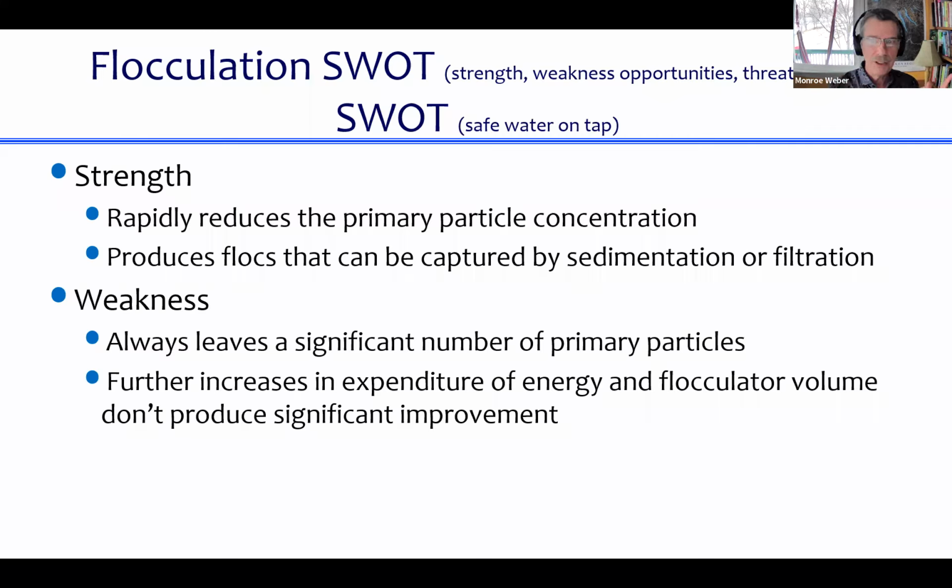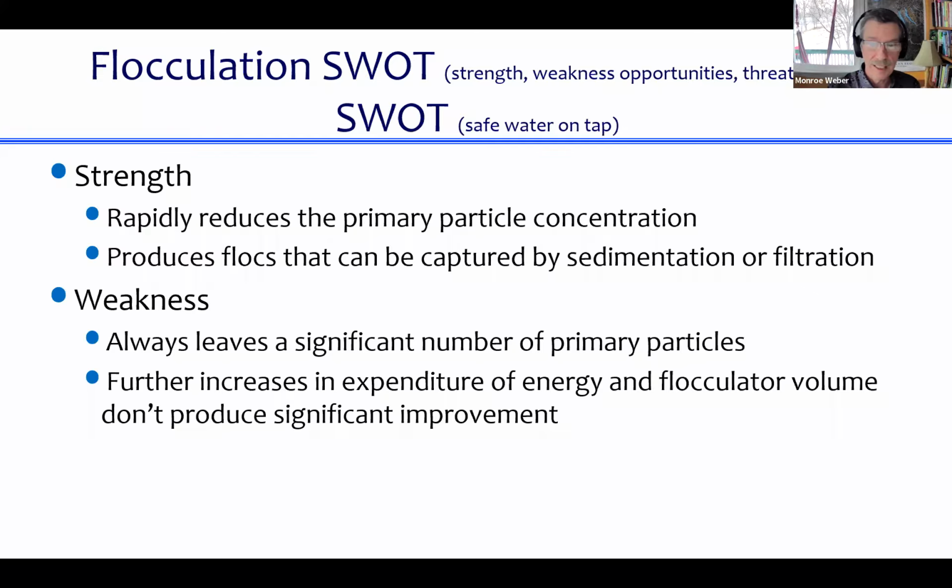It rapidly reduces the number of primary particles, the raw particles that were present in the surface water. It reduces the concentration of them by converting them into flocs, okay? So it produces flocs that can be captured by either sedimentation or filtration further downstream.